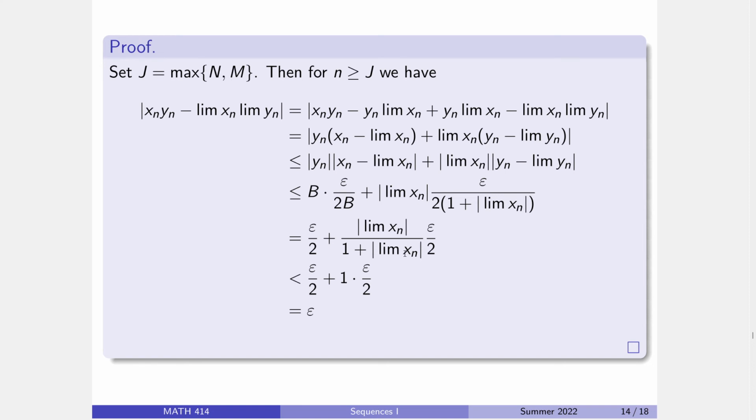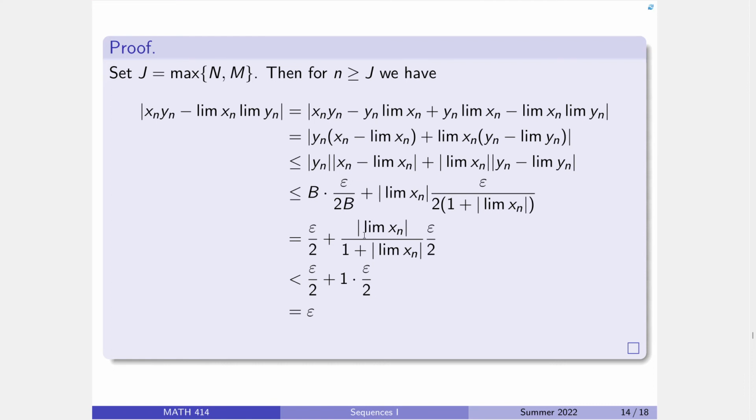This will always be greater than or equal to 0, and it's always strictly less than 1. Actually, that's not a strict inequality right there. That is a less than or equal to. It could equal 0, and then you just get 0. But no, this never exceeds 1, because the limit of x sub n is always strictly less than this, so this quantity is always less than 1 strictly.